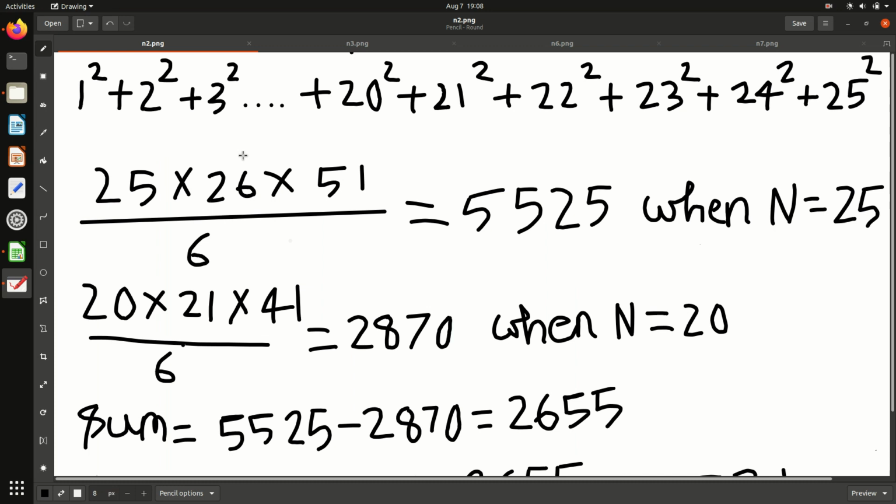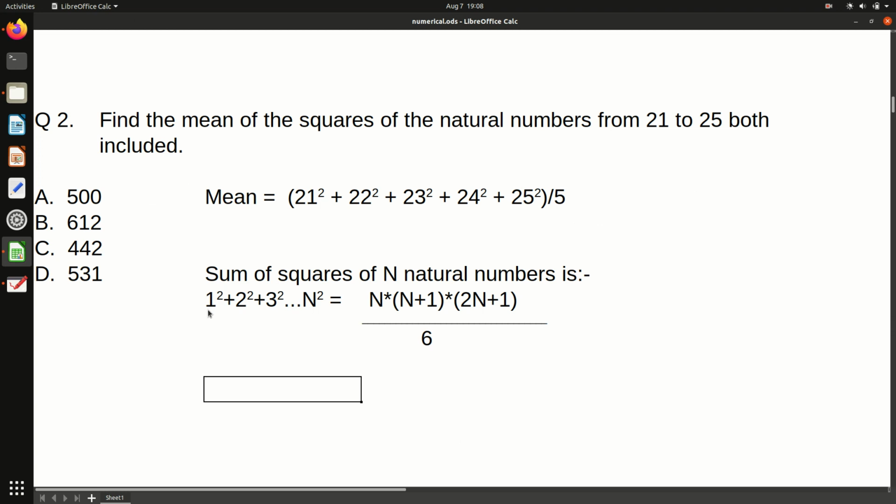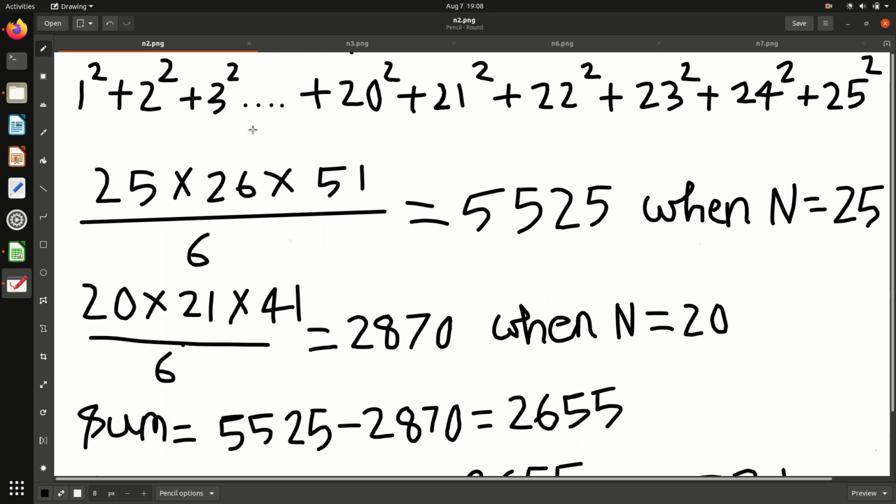So I have written it here. As you can see, we have to calculate from 21 up to 25. But this formula starts from 1: 1 square plus 2 square up to n square. So what to do?